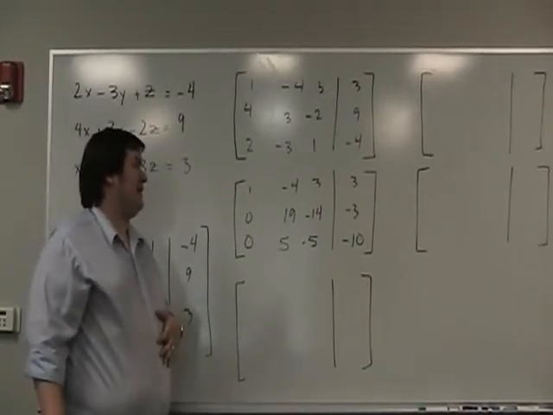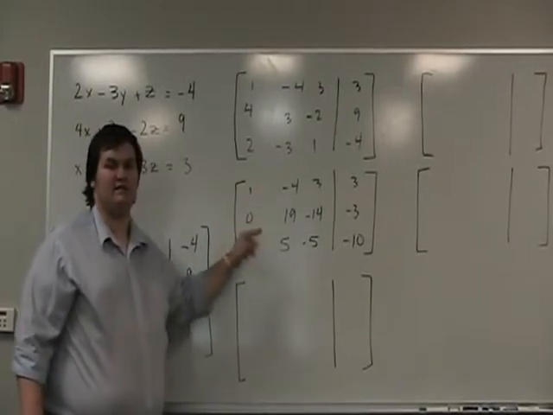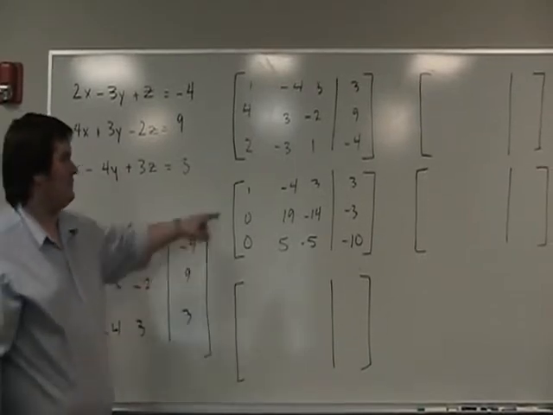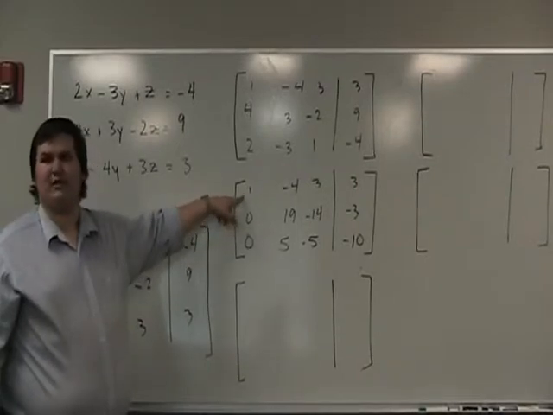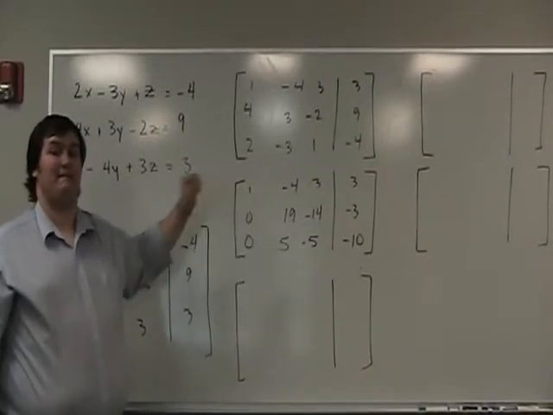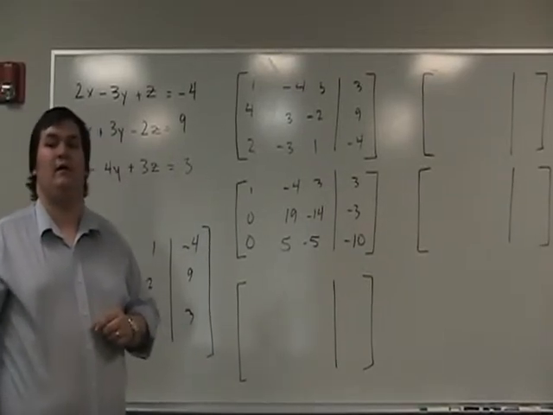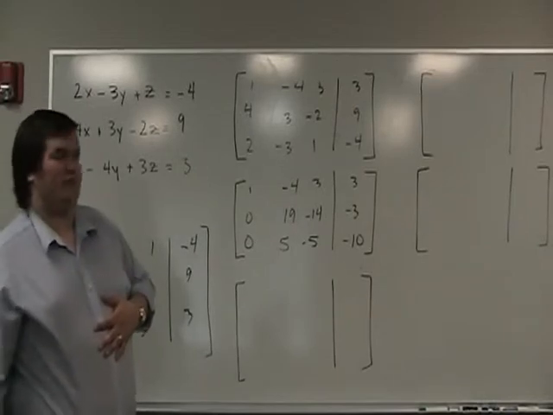The next step is going to be change the middle column to a form of 0, 1, 0. Now some of you have probably noticed I multiplied this row by negative 4 and negative 2, but I didn't change it right here. Why do you think I did that? I don't know. Well, what was the goal for this step?